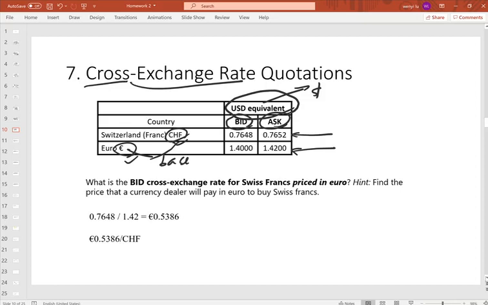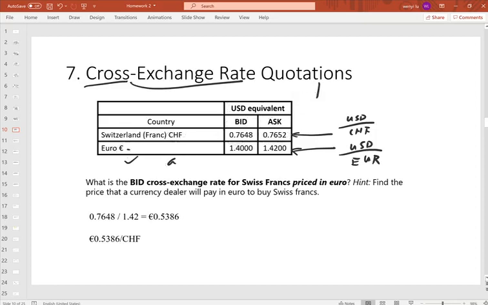As we mentioned in class, for exchange rate quotations we can use either the symbol or three letters. So this one is US dollars to Swiss franc, and this one is US dollars to euros. This is the US dollar to Swiss franc bid price, and this is the US dollar to Swiss franc asking price.